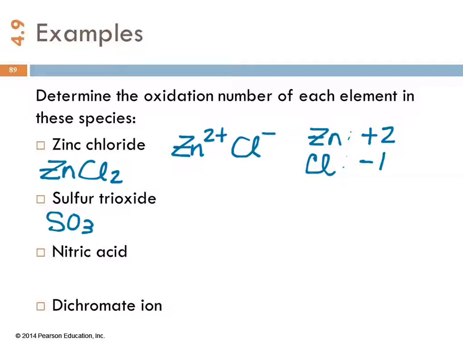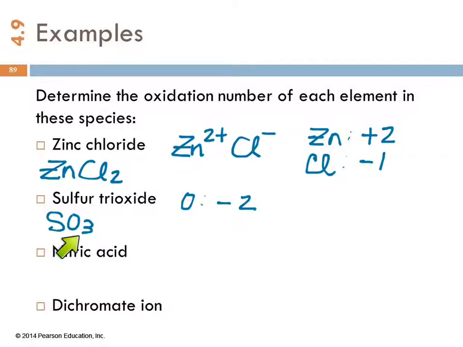So we have that table in our mind. Fluorine, hydrogen, oxygen. Oxygen always gets -2. So the oxygen is going to have an oxidation number of -2. We figure out what the sulfur is from the oxidation number of the oxygen.